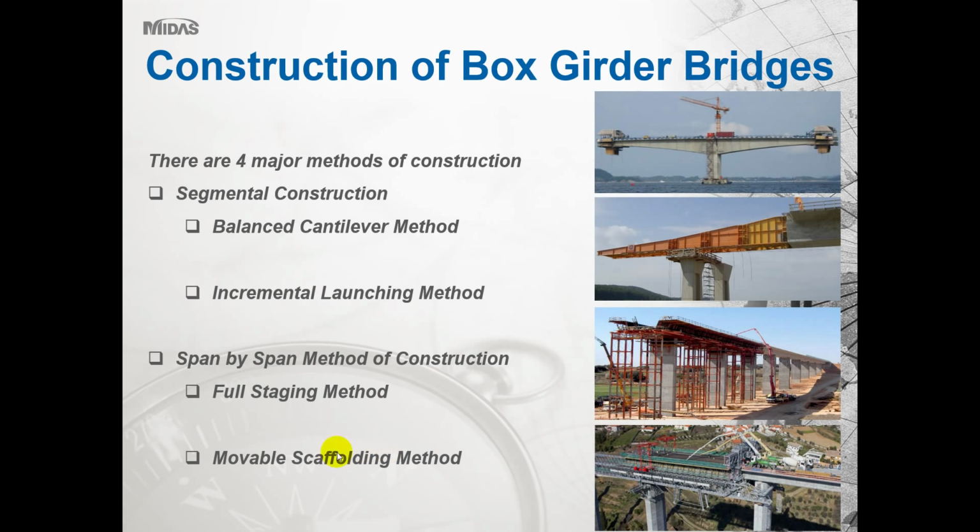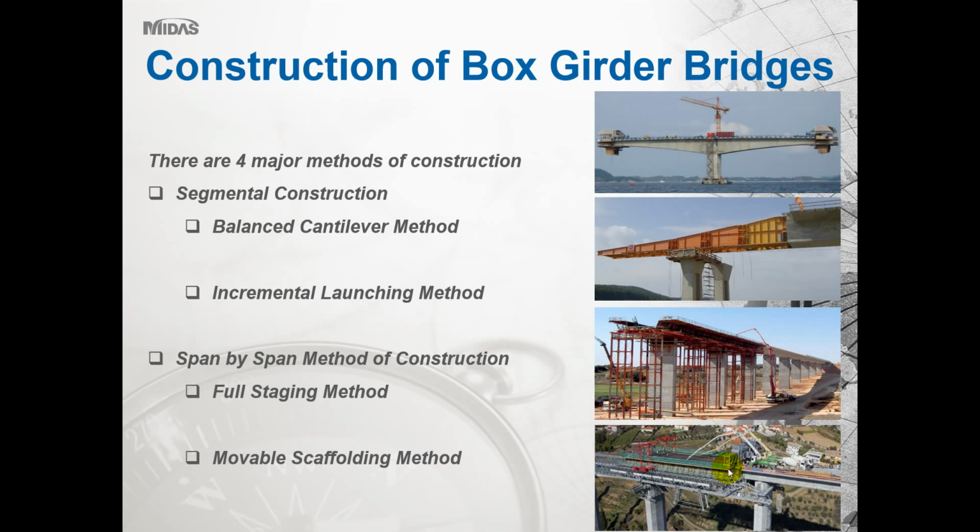So the movable scaffolding system, which is the next method, the scaffold moves as it builds one span at a time. A quick approach for straight bridges, but at each construction intermediate pier there's always a rather large end reaction of the movable scaffolding.